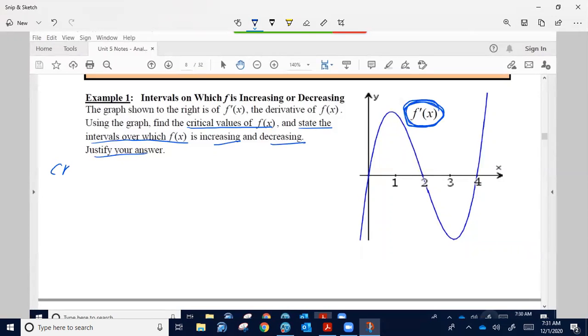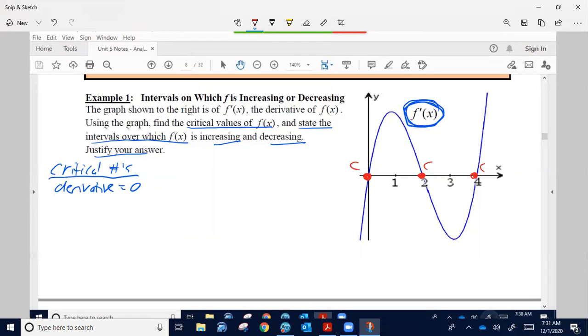Critical numbers, we just defined. That means the derivative equals zero. So where does the derivative, and this is the derivative, equal zero? Well, at 0, 2, and 4.